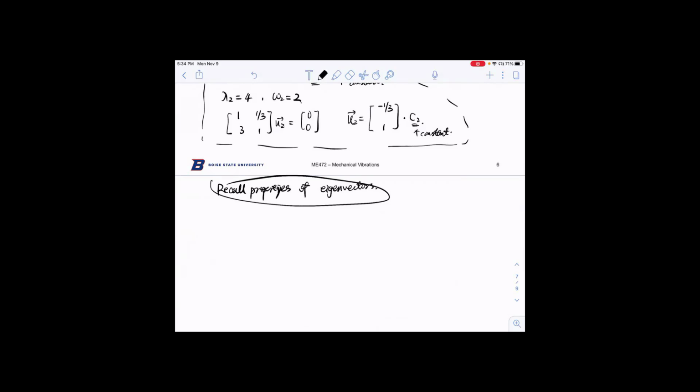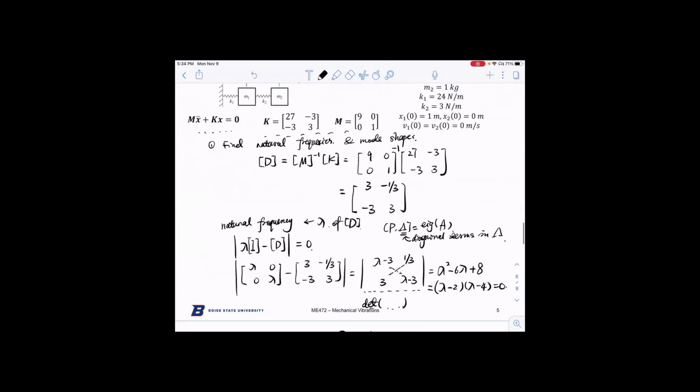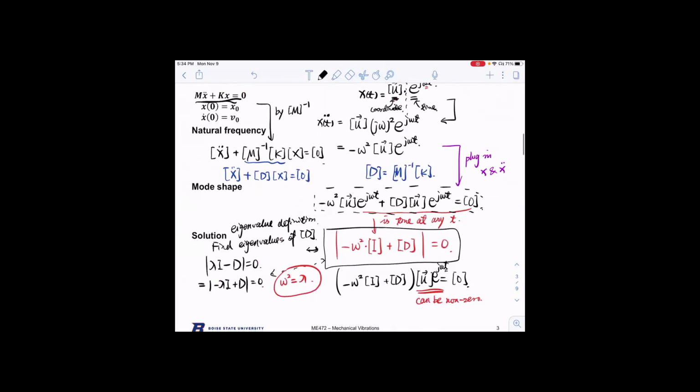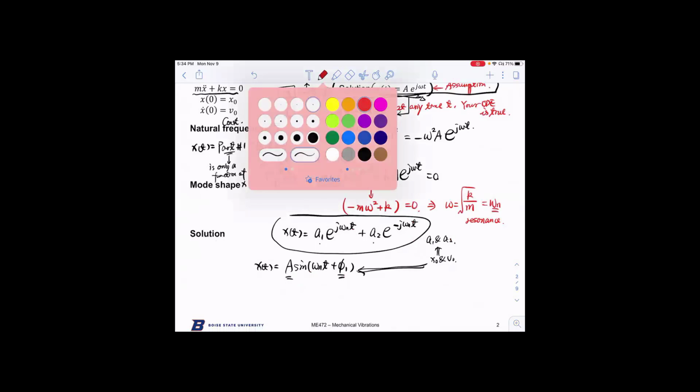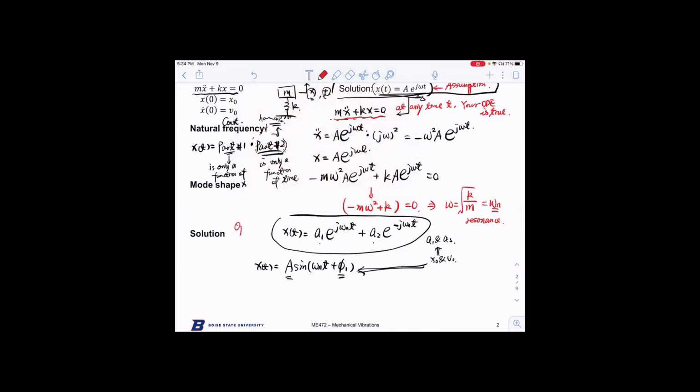What you do is you collect all the solutions in a column vector like this. And then very similar to the single degree of freedom problem, you have your X. In the end, you have option number 1 or option number 2.